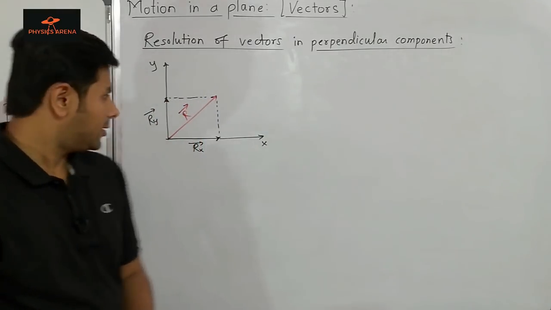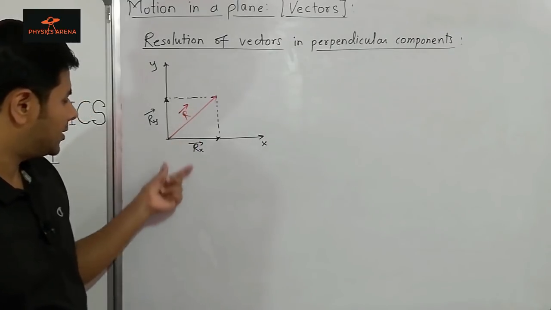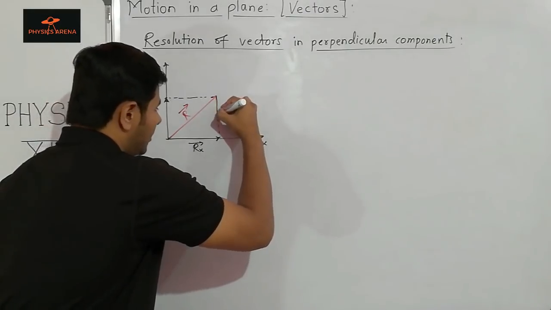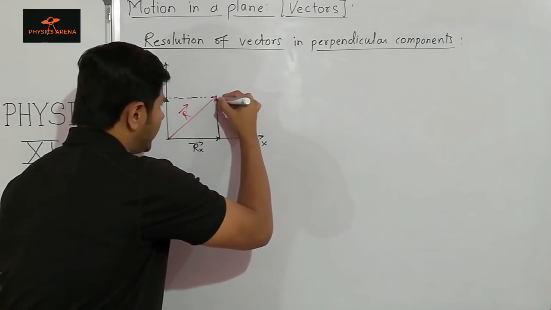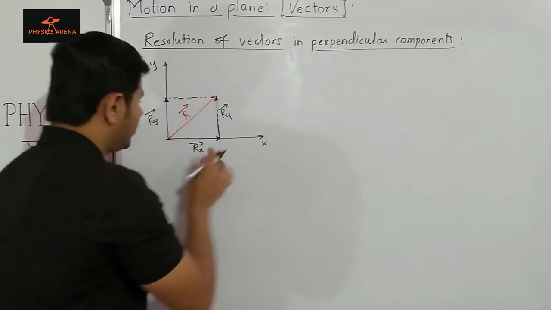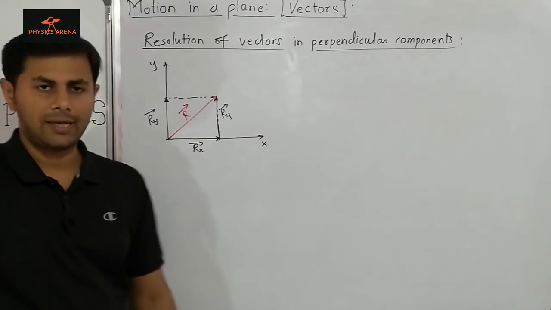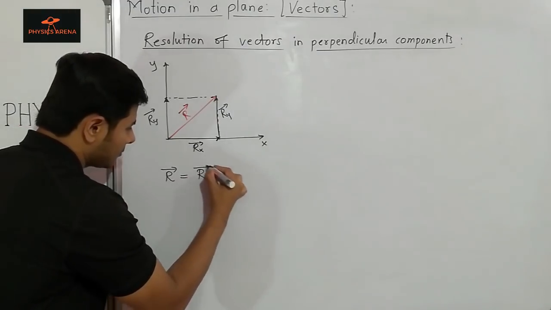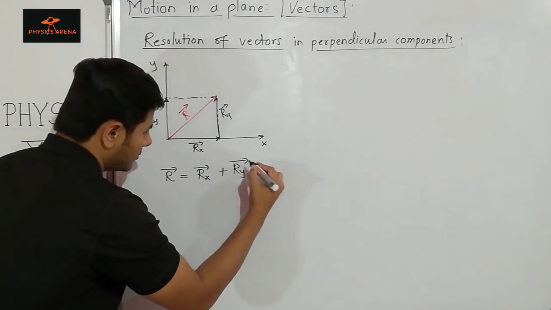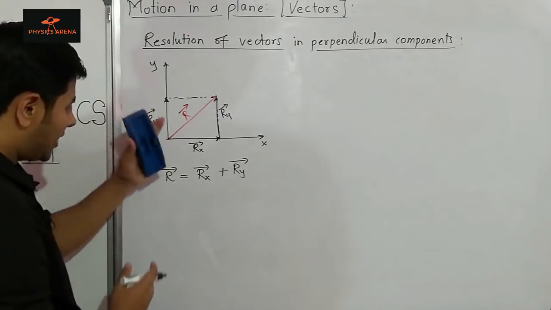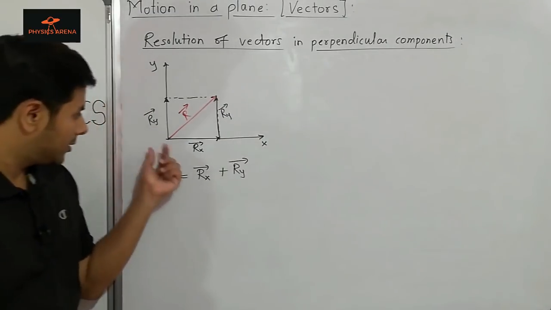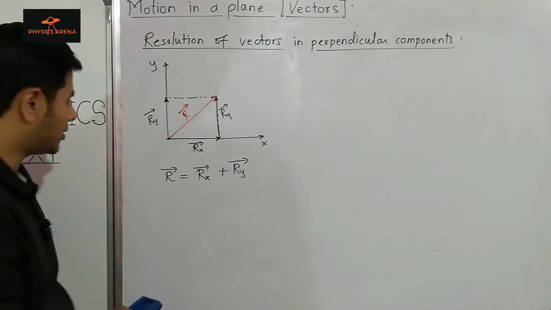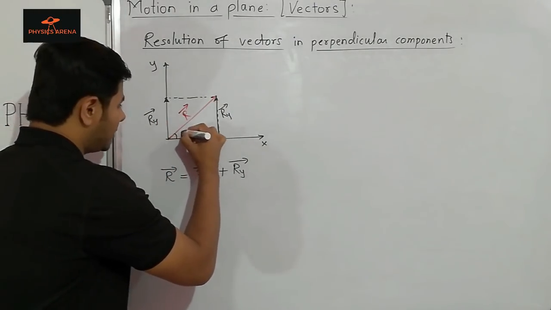Now it is clear that this r bar is equal to rx bar plus ry bar, because I can show that ry bar here also. So rx bar plus ry bar is this r bar. So now this r bar is resolved in these components which are perpendicular to each other. So they are called rectangular components. So suppose this angle is theta.